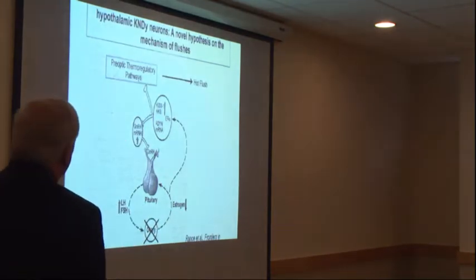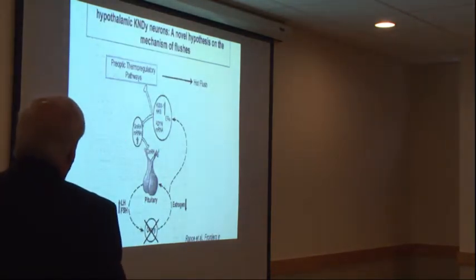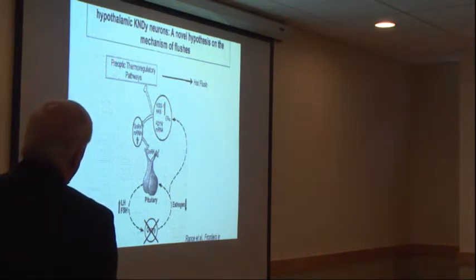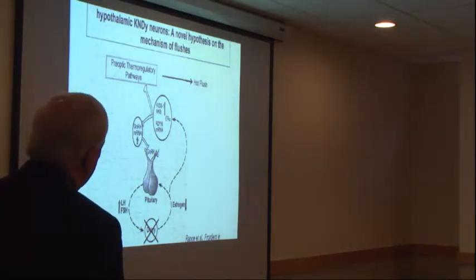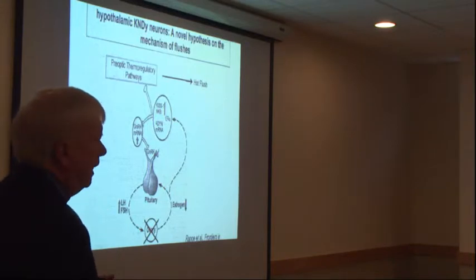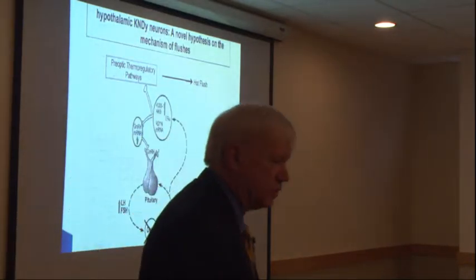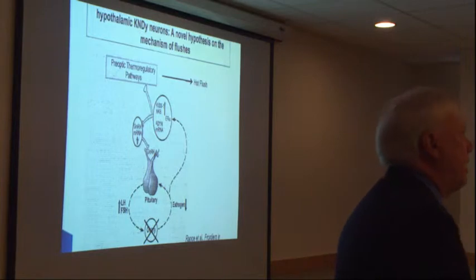So here's what they're talking about. It's all within the preoptic thermoregulatory pathways. These changes occur in this neuron in the arcuate nucleus of the hypothalamus, and it creates the hot flush, or, as I'm now starting to feel like I'm going to start talking about, heat dissipation response.